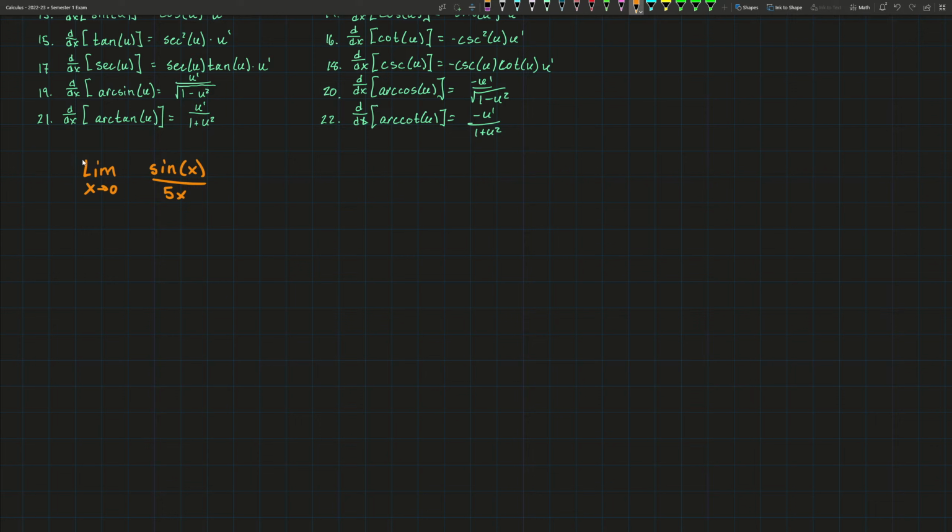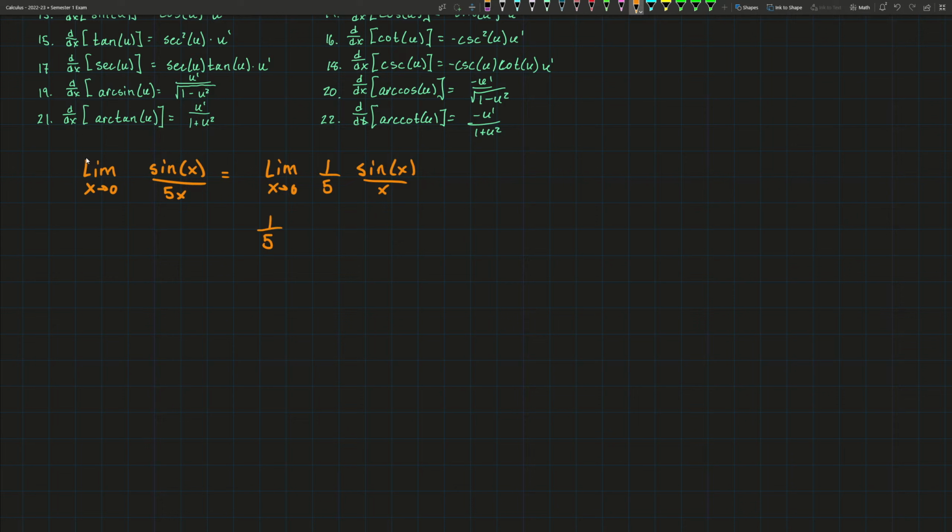Okay. So, really simply, we can factor out a 1/5. So this is going to be equal to the limit as x approaches 0 of 1 divided by 5 times sine of x over x. The limit rules tell us we can take this 1/5 and put it out front.